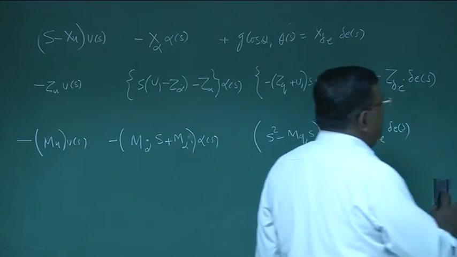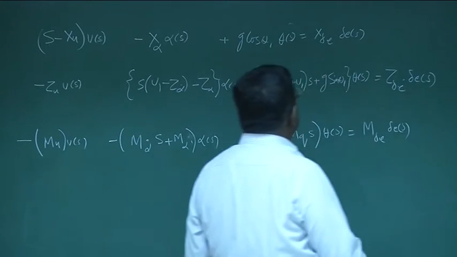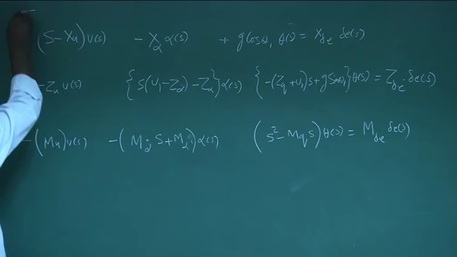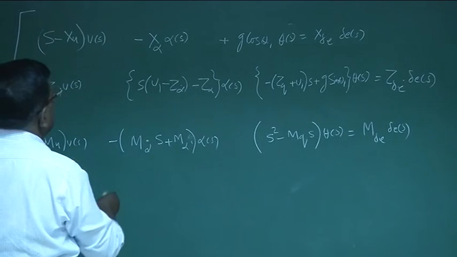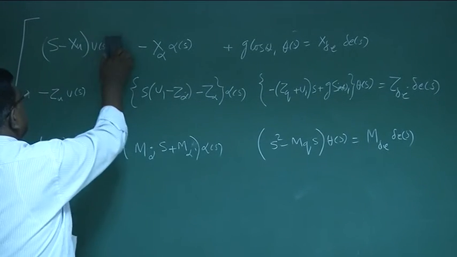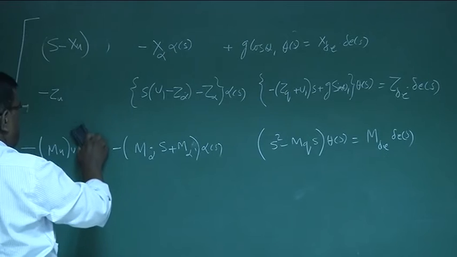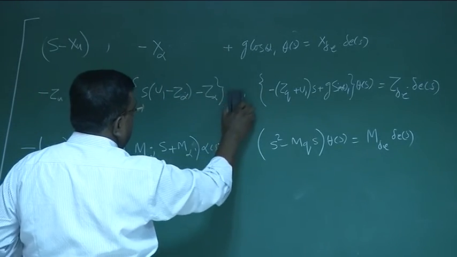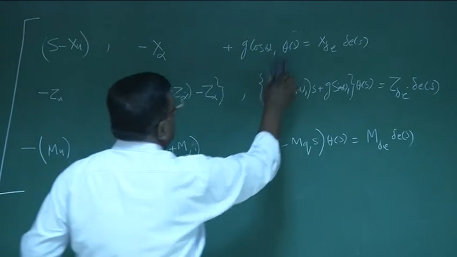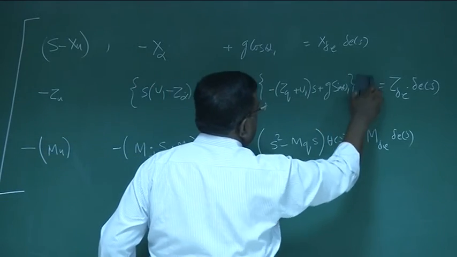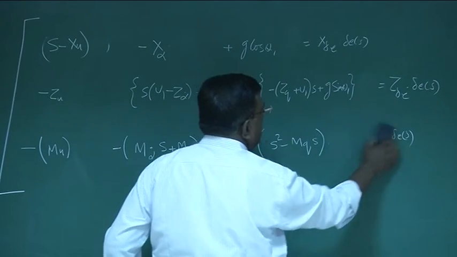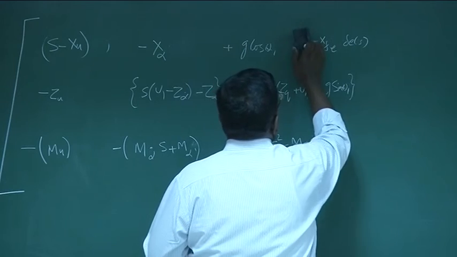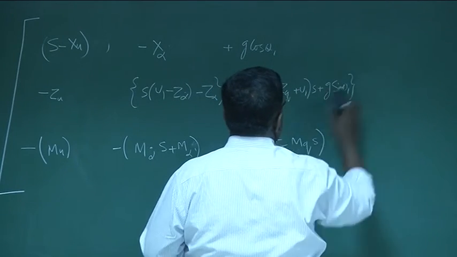So what is the best way to do it? You simply put a matrix sign like this, take out this u of s from here, this alpha of s from here, theta of s from here, and write it like this.